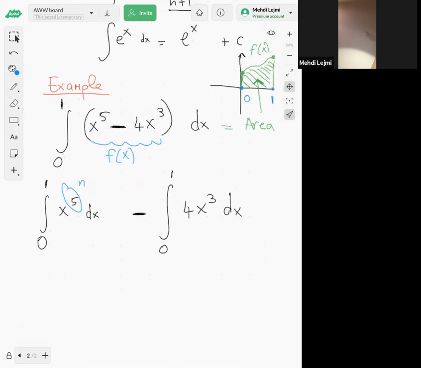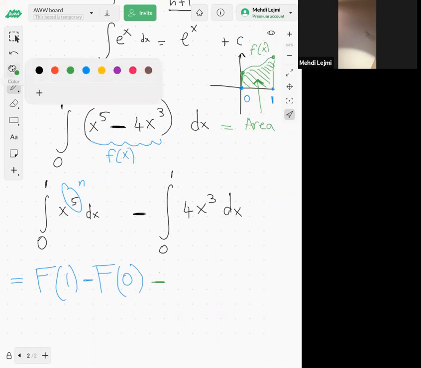Remember, this definite integral would be the antiderivative of x to the power 5 at 1 minus the antiderivative of x to the power 5 at 0. And then, of course, there's this minus here, and this is the integral of 4x cubed.